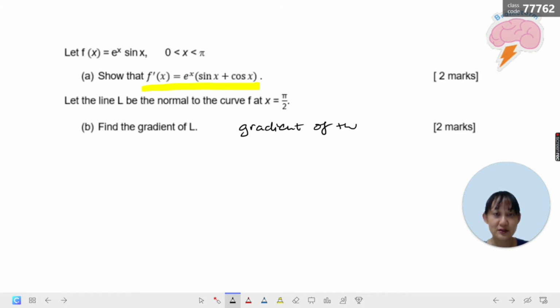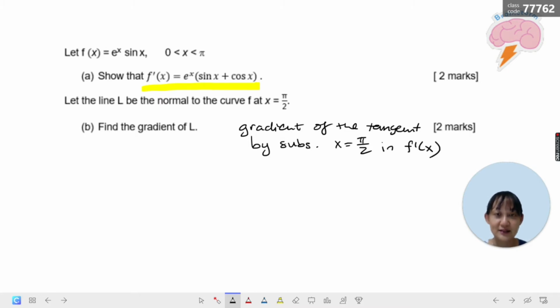Actually in this part, you just need to first find the gradient of the tangent by substituting x equals pi over 2 into f prime x.